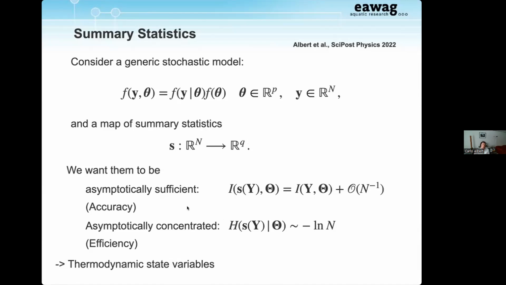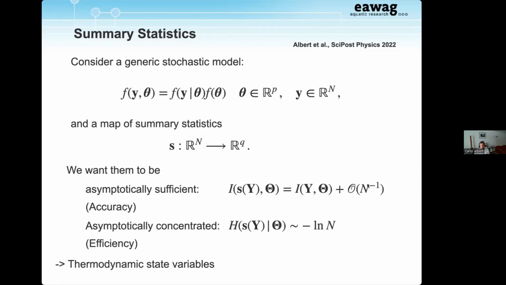So we want them to be ideally sufficient, which can be expressed information theoretically using the mutual information. We want the mutual information between the summary statistics, which are a function of the outputs, and the parameters to be as large as the mutual information between the whole data set and the parameters.